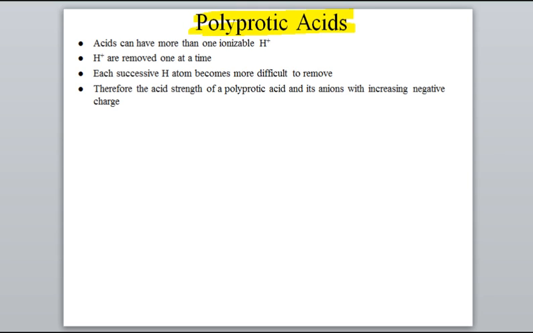If an acid has 2 relatively weak bonds, it's said to be a diprotic acid, and a good example is H2SO4, sulfuric acid. If there are 3 relatively weak bonds, it's called a triprotic acid, and a good example is phosphoric acid, H3PO4.